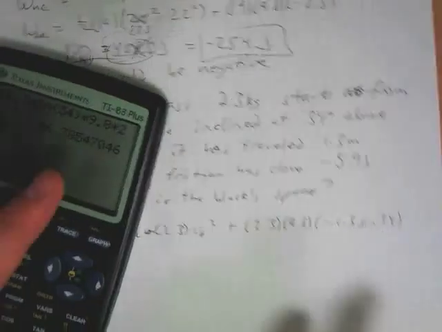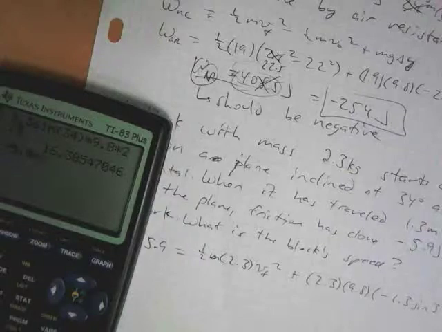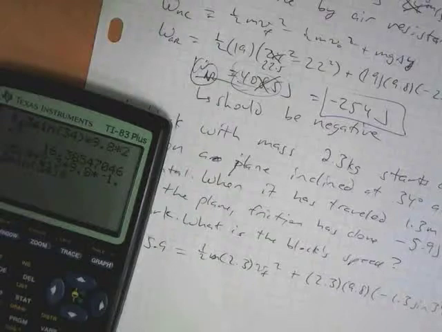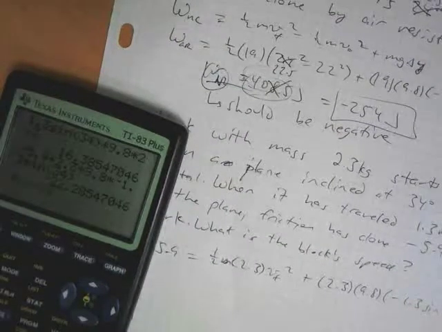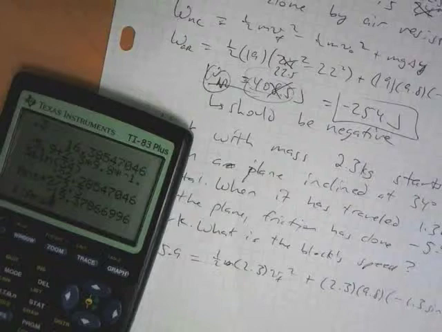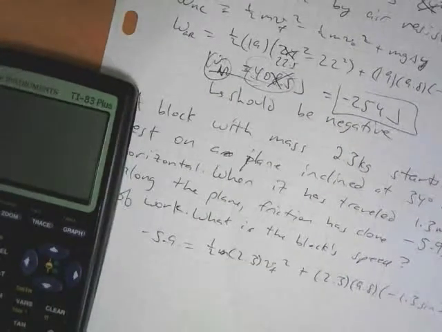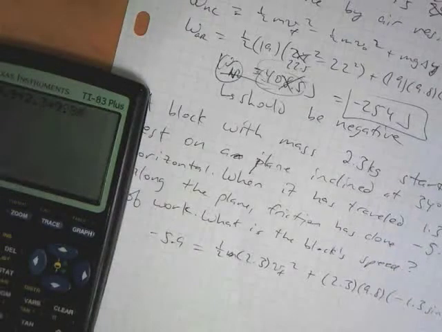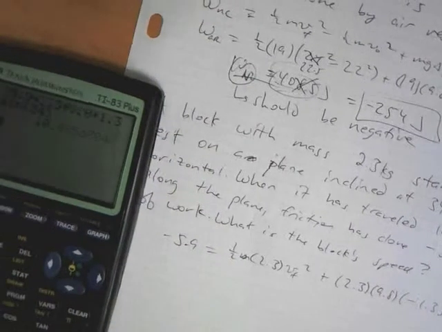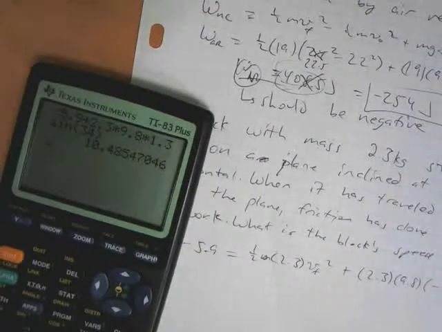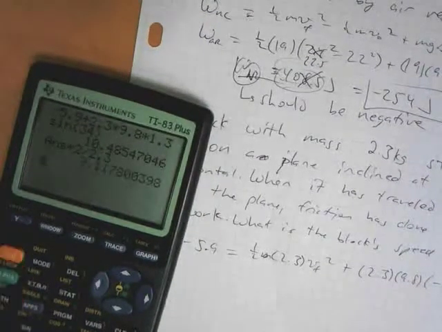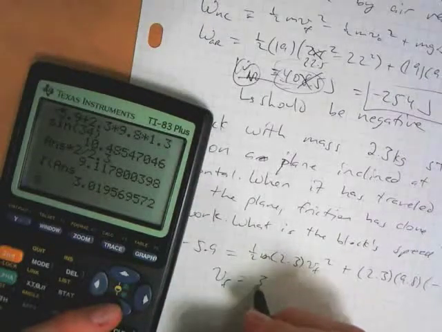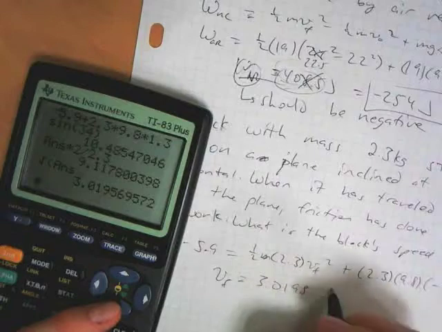That gives us minus 5.9 plus 2.3 times 9.8 times 1.3 sine 34, times 2 divided by 2.3, square root. We get a V final of 3.0195, etc. meters per second.